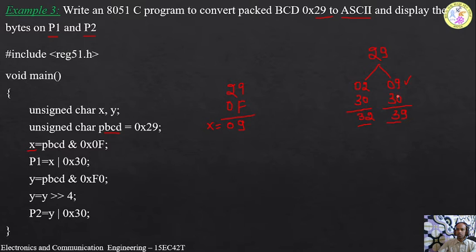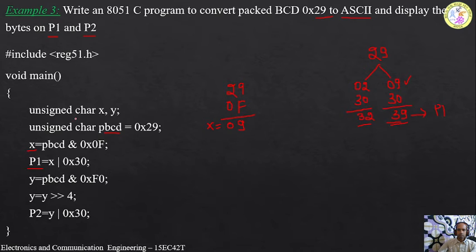So 09 ORed with 30. What is the answer you are going to get? 39 is the answer. That 39 is sent to port 1 because they have given: after unpacking, after converting it to ASCII, you send one byte into P1 and another byte into P2. Now this byte 39 is sent to port 1.